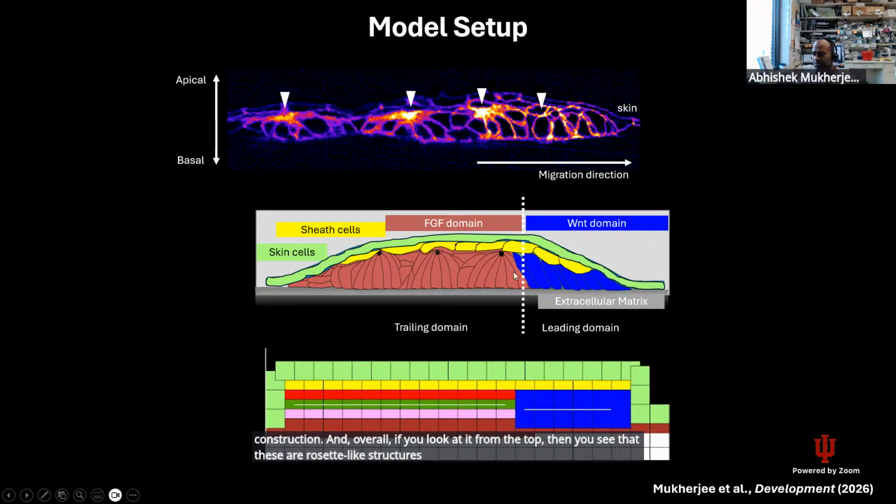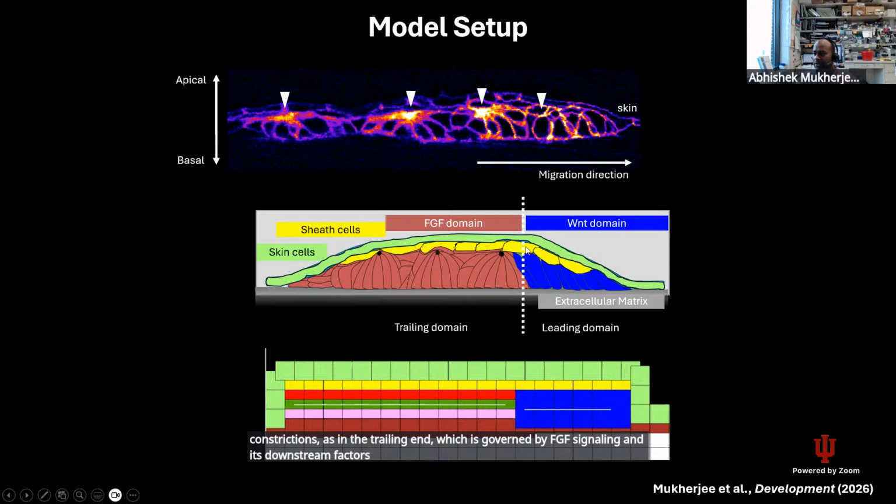This is a schematic which shows pretty much what we think of the primordium, where the leading domain is less apico-basally polarized, or the constrictions are not formed there. The cells are still apico-basally polarized, but they just don't form constrictions as in the trailing end, which is governed by FGF signaling and its downstream factors.